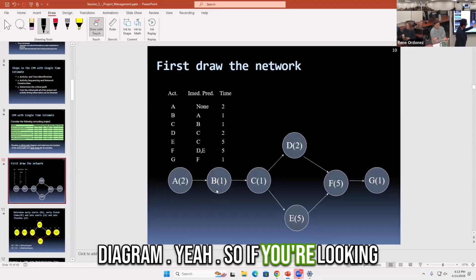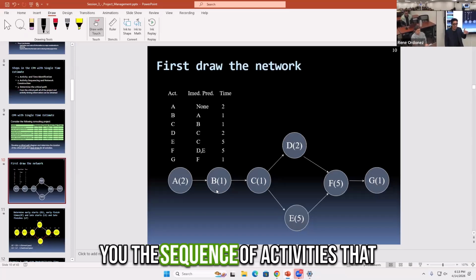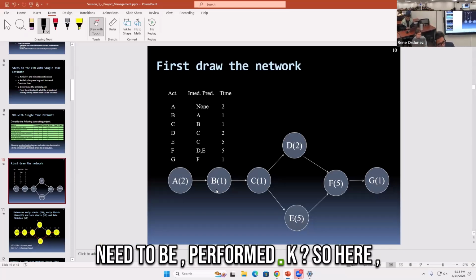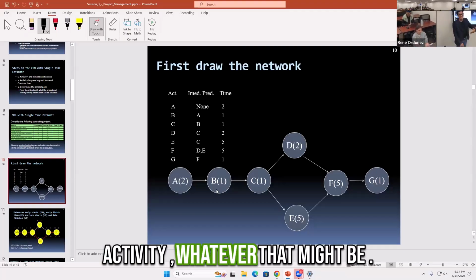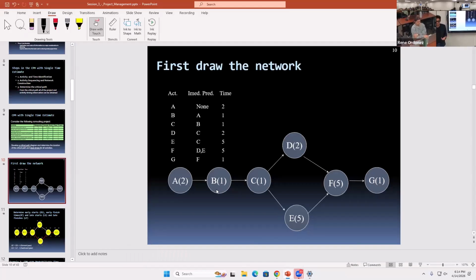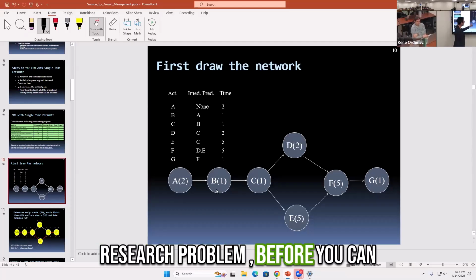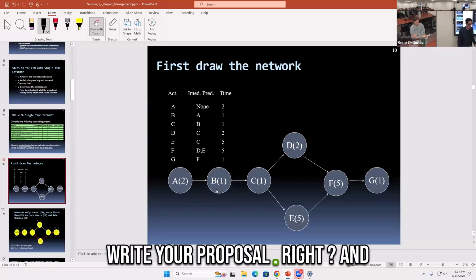Okay, so if you're looking at this network diagram, it tells you the sequence of activities that need to be performed. Here it says you have to complete an activity, whatever that might be. Maybe in research, that might be identifying the research problem before you can write your proposal, right?